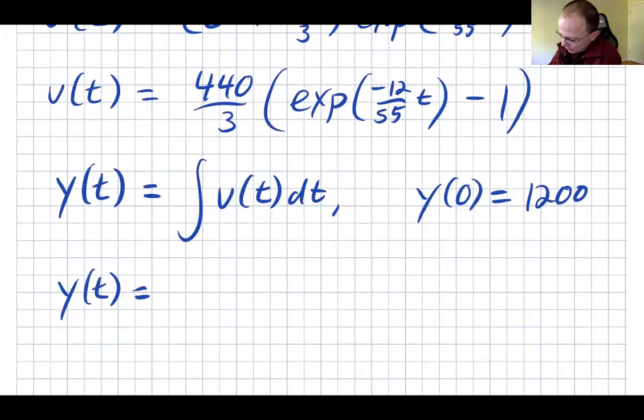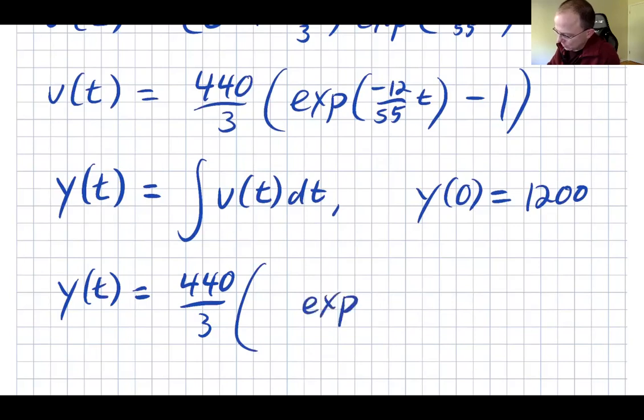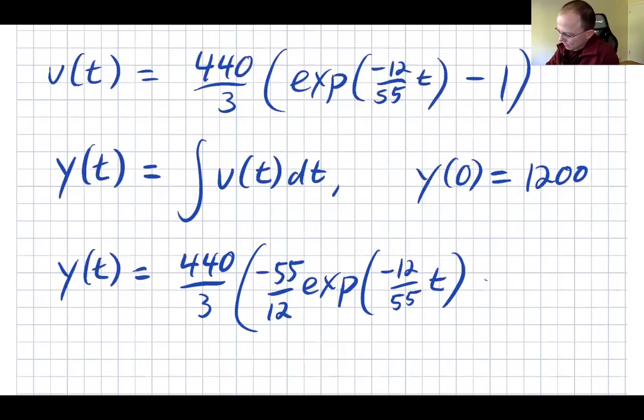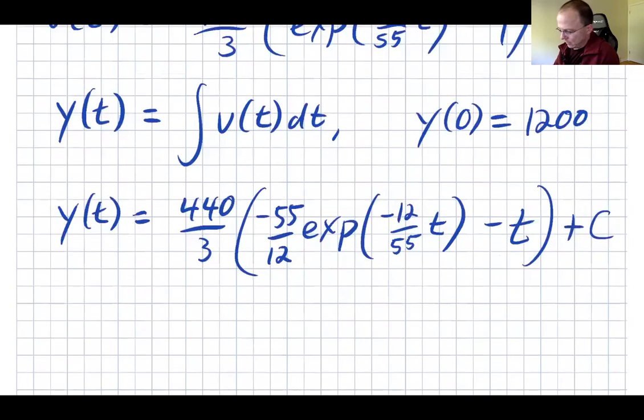So that'll be 440 and then times the integral of that stuff on the inside. So the integral of the exponential, so this will be the exponential. If I take the derivative of that, I'd multiply by negative 12 over 55. So I need to cancel that out by multiplying by negative 55 over 12. And then this integral of minus 1 is minus t. And then we'll have a plus c.